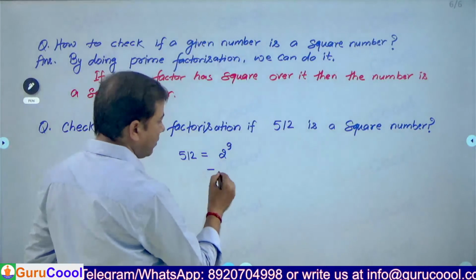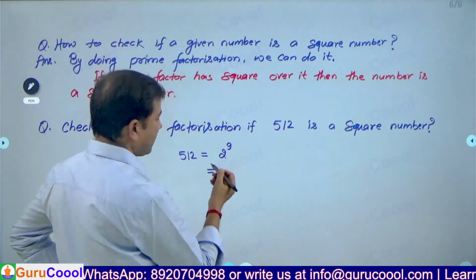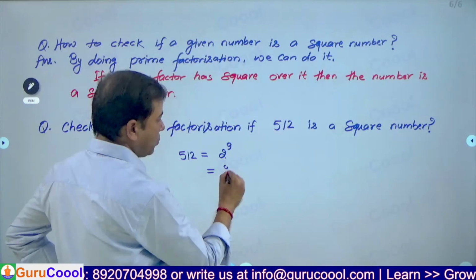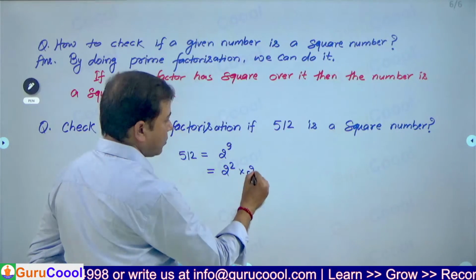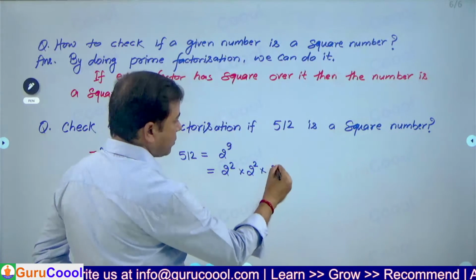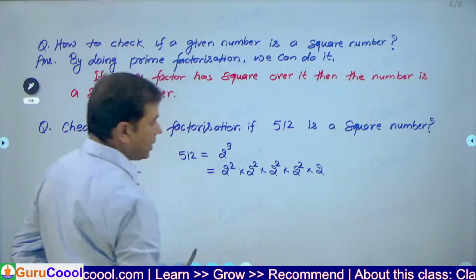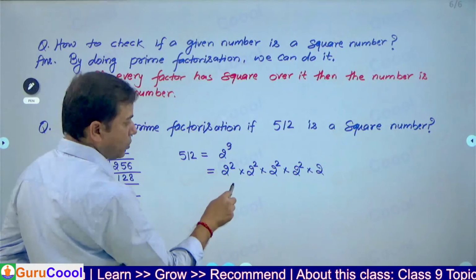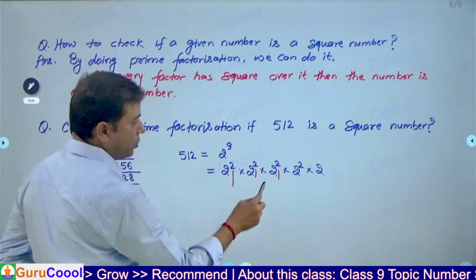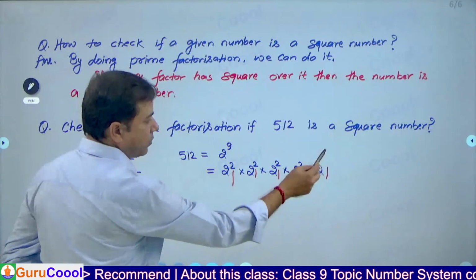Which is 2 square times 2 square times 2 square times 2 square times 2. See, there are total 9: 2 plus 2, 4 plus 2, 6 plus 2, 8 plus 1, 9.